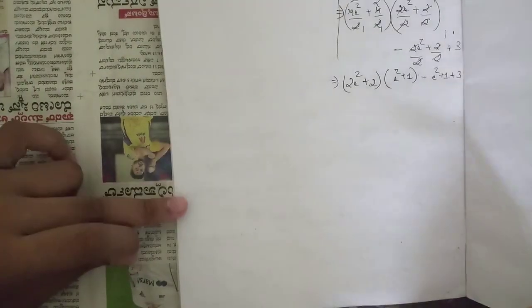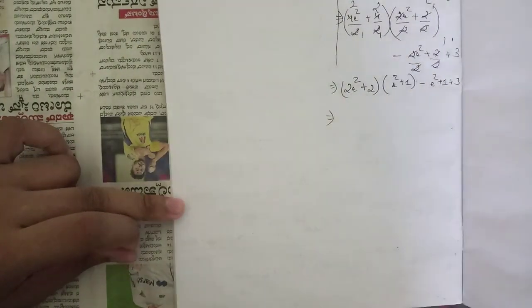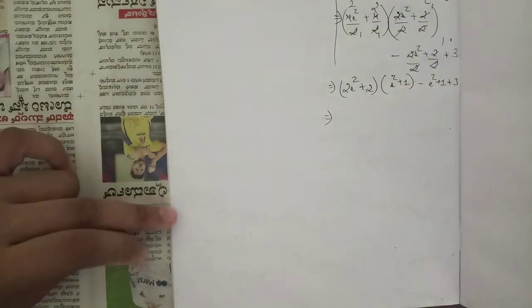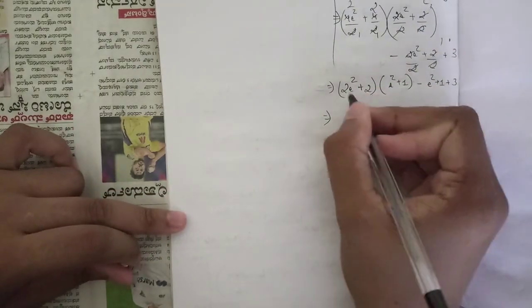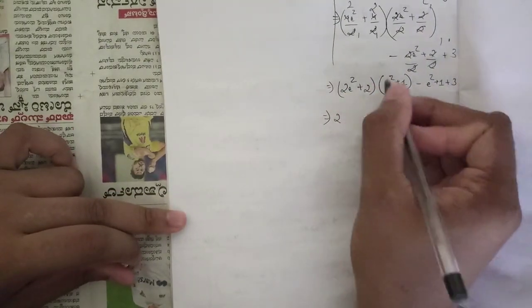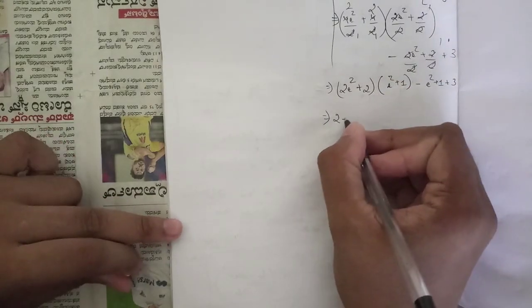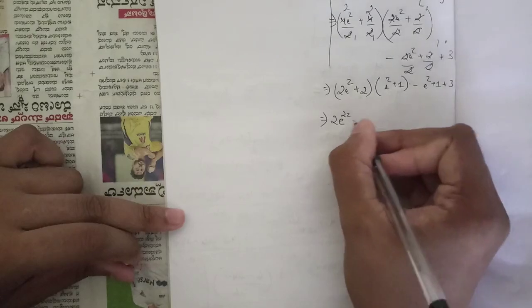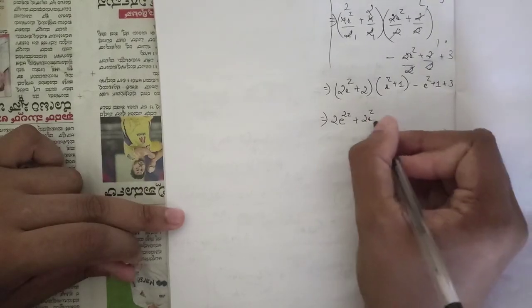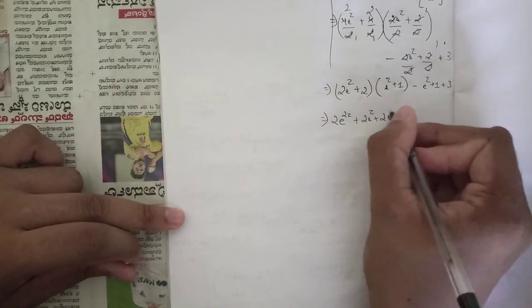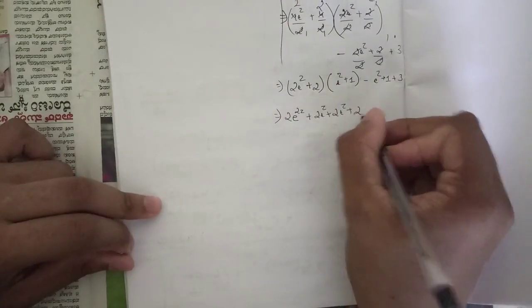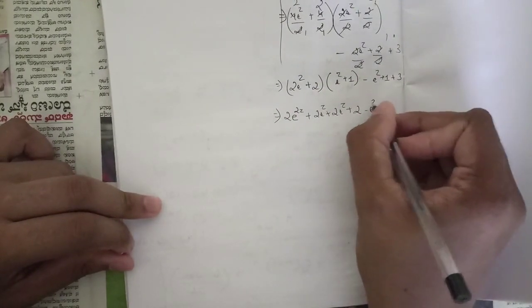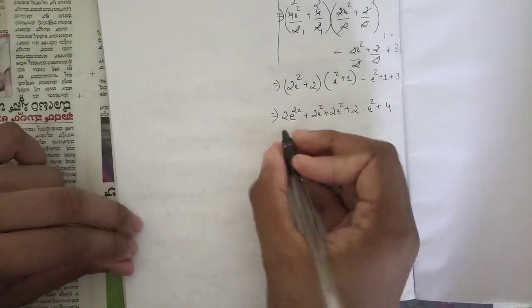We need to be very careful solving this. Now let's multiply these terms: 2e^z into e^z is 2e^2z, 2e^z into 1 is 2e^z, 2 into 1 is 2, minus e^z, minus 1, plus 3.